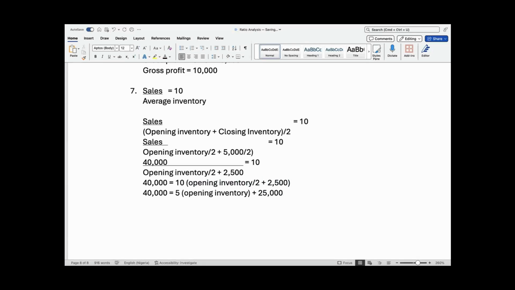Then I will have 40,000 minus 25,000 equals, then this becomes, what's 40 minus 25,000? That's 15,000.